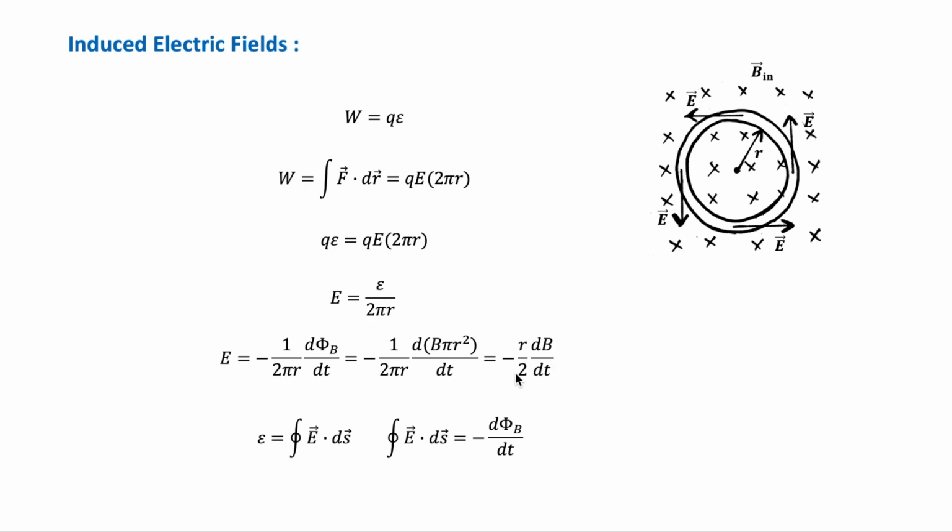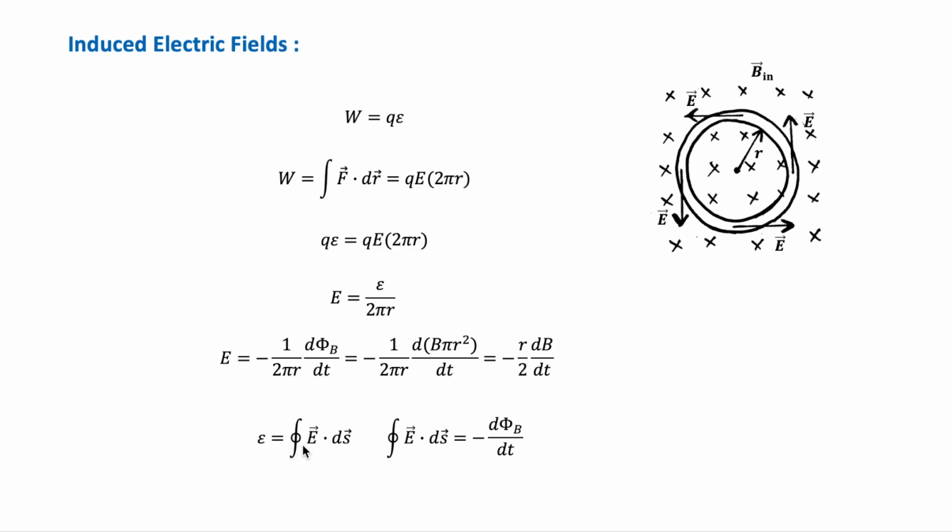And the minus sign indicates that the induced electric field E produces a current that opposes the change in the magnetic field. And as we said, this electric field is induced even in empty space, in the absence of a conductor or charges, okay? So the magnitude of the electromotive force for any closed path can be expressed in this way.